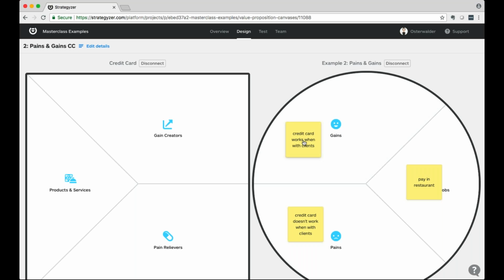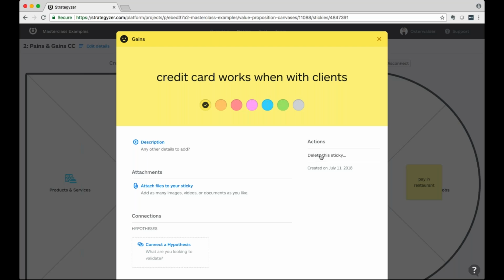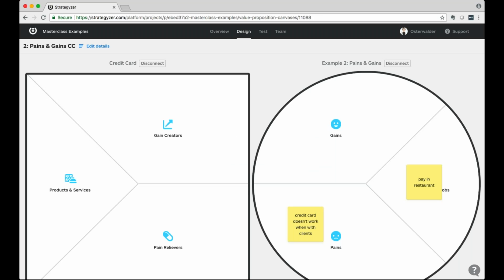But once you start talking to customers, they will tell you what is a real pain and what is a real gain. So here they'll say, well, you know what, credit cards work when I go eat with clients. That's not a gain. I mean, that's just what I expect. Okay, so can you tell me what the real gain would be here then? Well, you know, the miles I get to pay family vacation, that is definitely a gain.